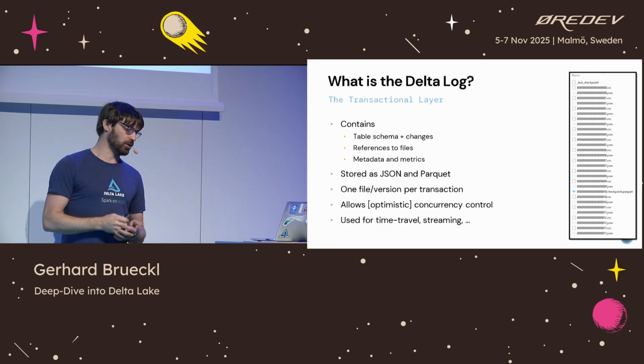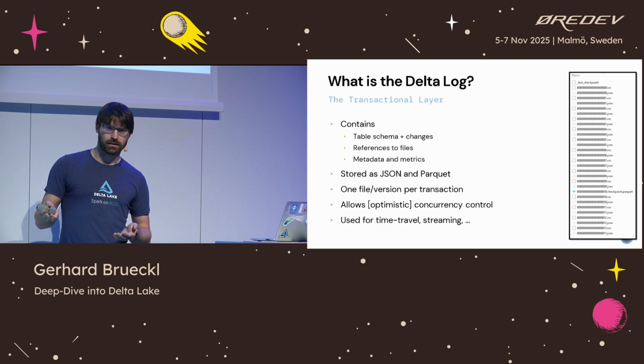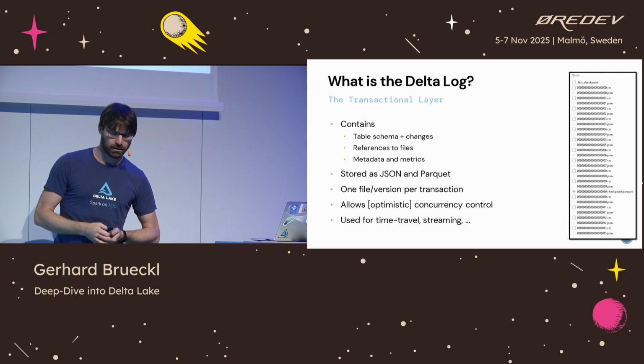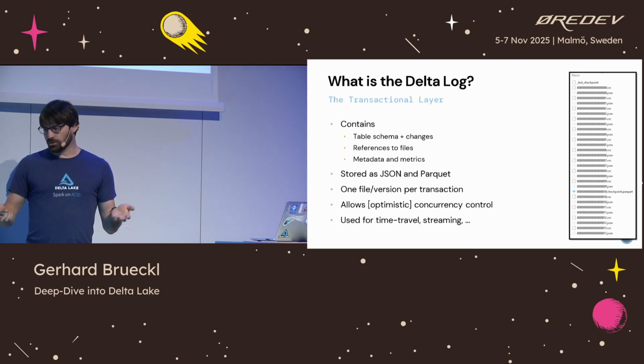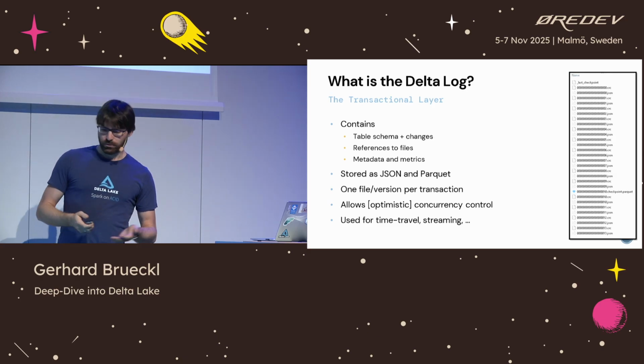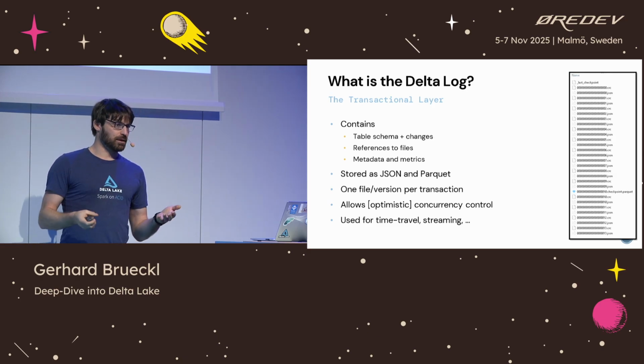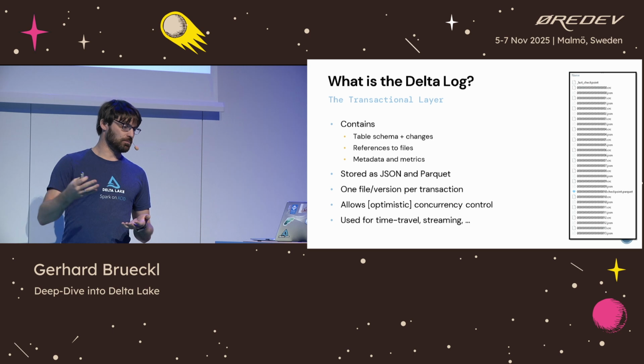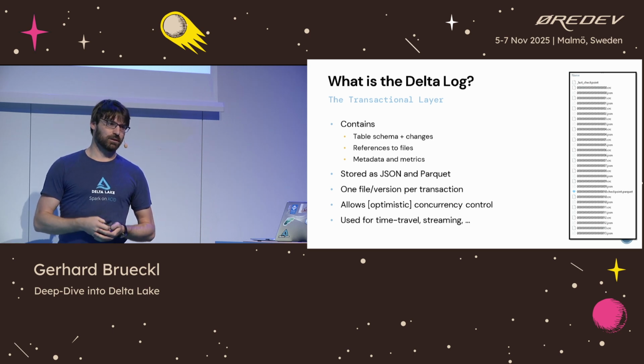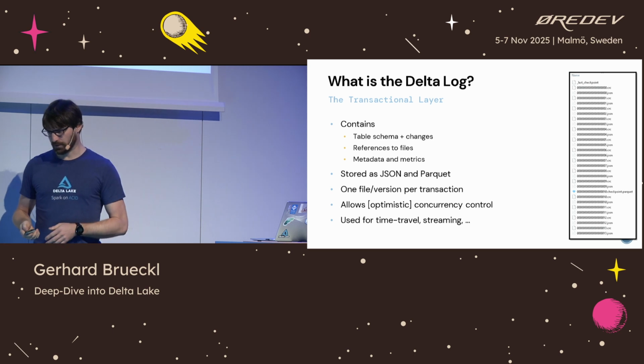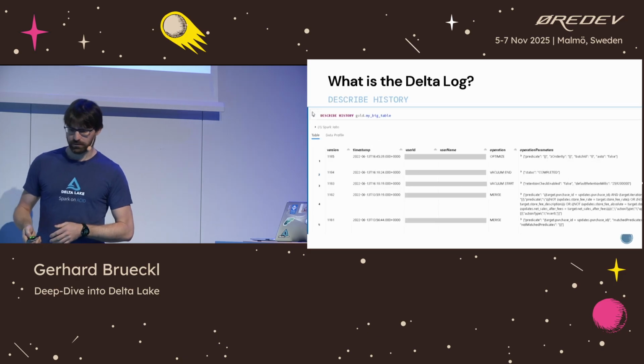And depending on the kind of change that happened to the Delta Lake table, the transaction either fails or succeeds. Okay. And those transaction logs are also used for time travel, streaming, and all the capabilities that are native to Delta Lake. Okay, we'll cover this later in some better examples.